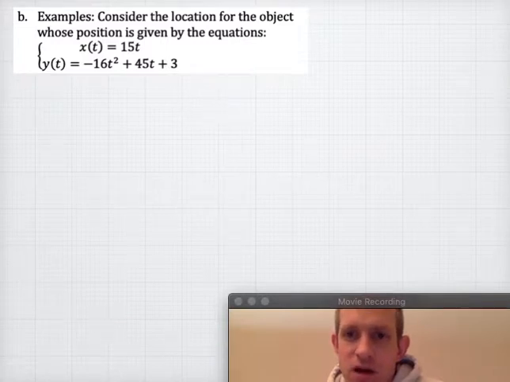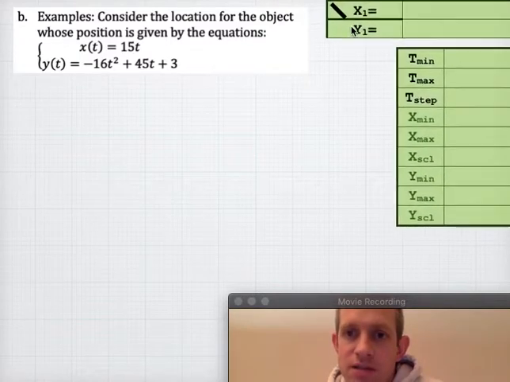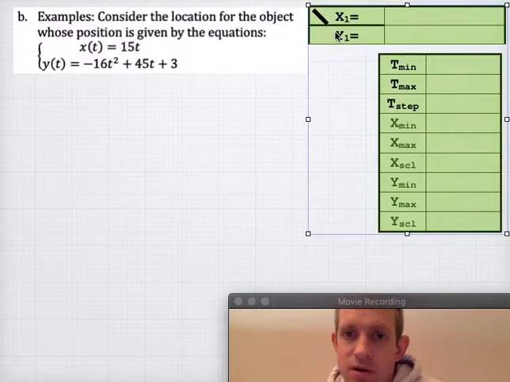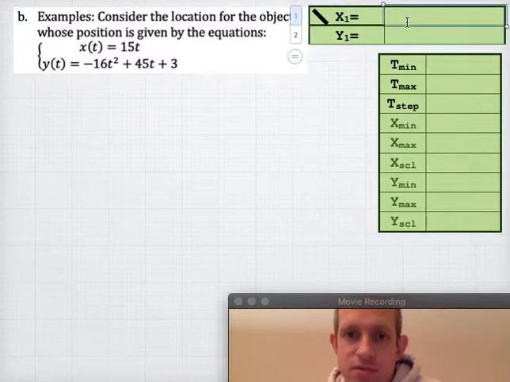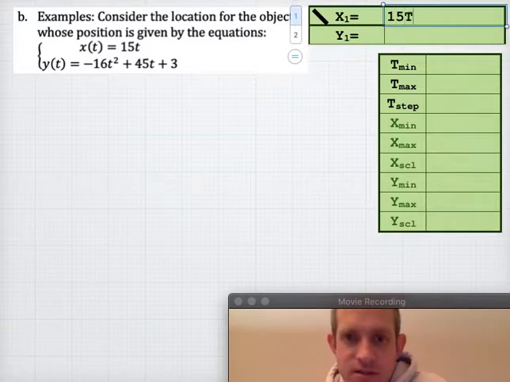So, assuming you've already made your switch into parametric mode, let's see what we need to type into our calculator to make this sort of thing happen. First, go ahead and press the y equals screen, and you can type into the equation 15t.